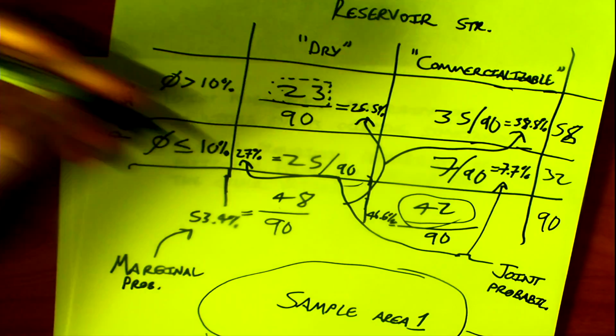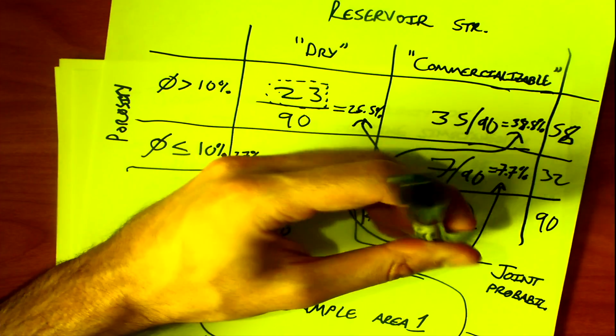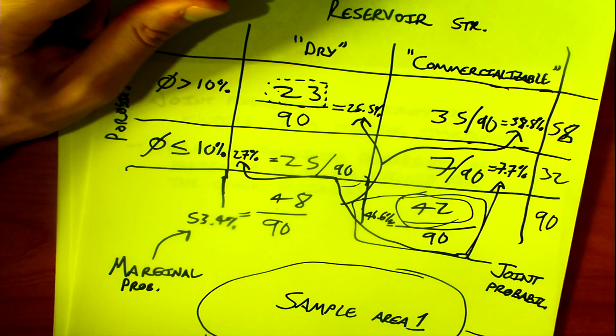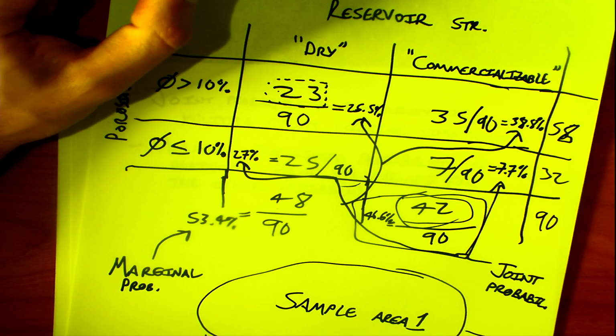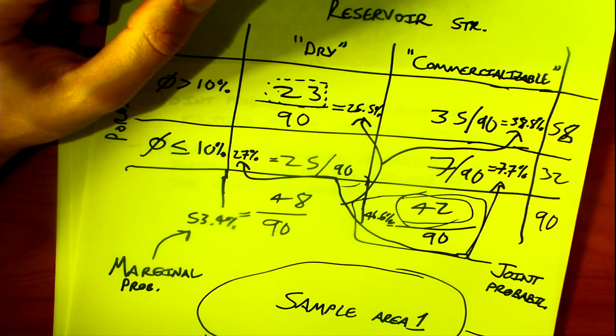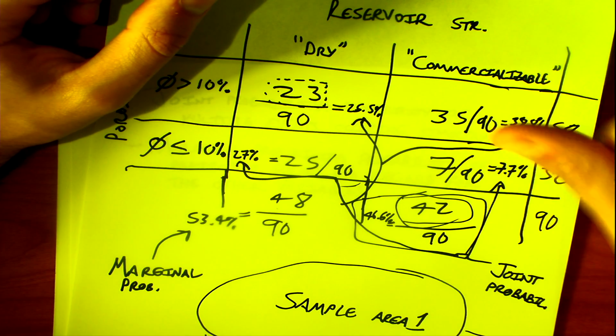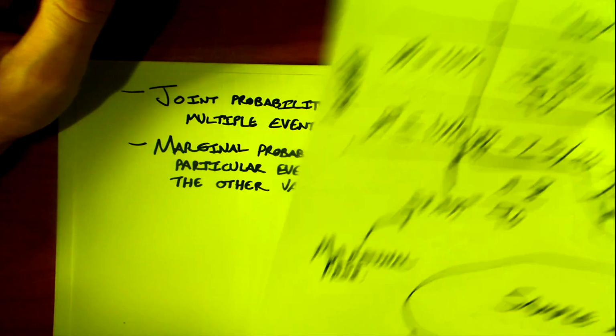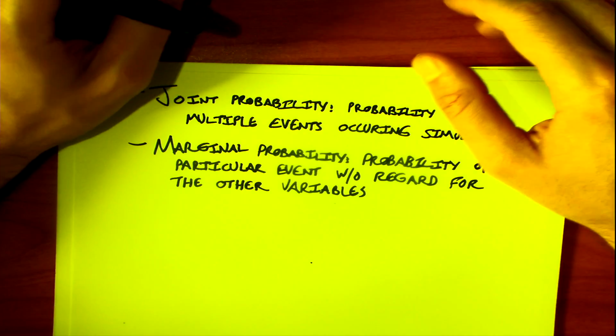So in this example, you said there's a 46.6% chance of having a commercializable well. We don't care what the porosity is. Porosity could be whatever. All we care about is that it's commercializable, and that's the marginal probability that we computed here. All right, so that's a marginal probability.